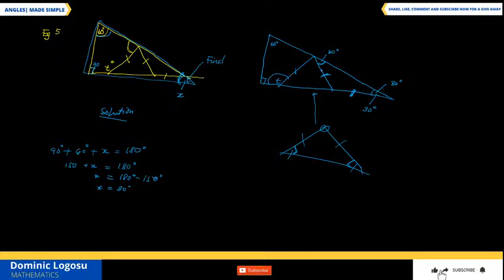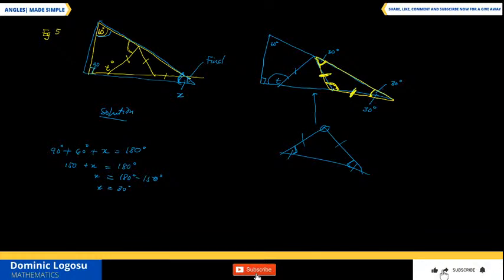Once we've established that, we can confidently look for this angle, because this triangle is just a triangle standing on its own. Using the isosceles principle, this angle being 30 is equal to the angle here, so this one is also 30, and then we can easily find this angle.